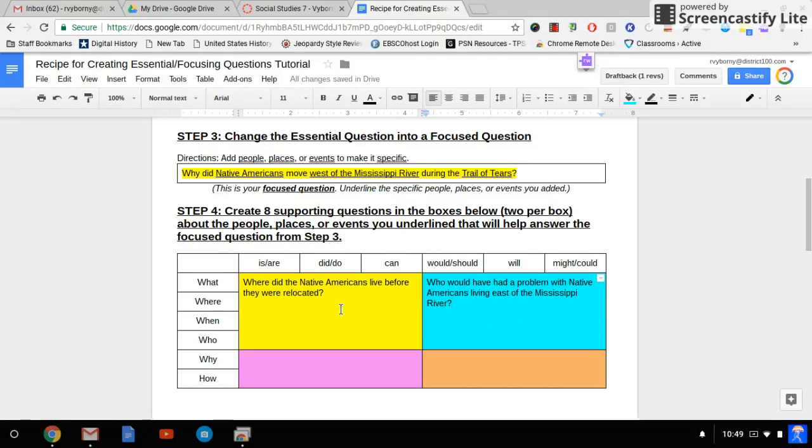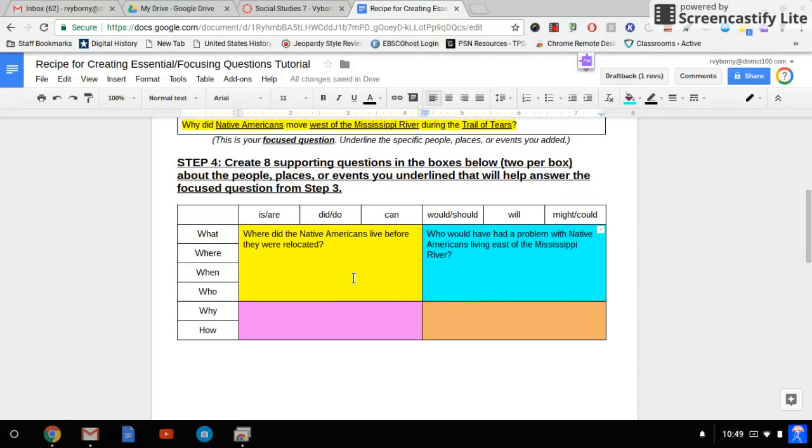Now, I'm only going to do those 2, but you're going to want to make sure that you do 2 per box. Notice for this question, I had the who, because that was to the left of this box, and the would, that came from here. So for this box, I can only choose, again, these 4, and now these 3.